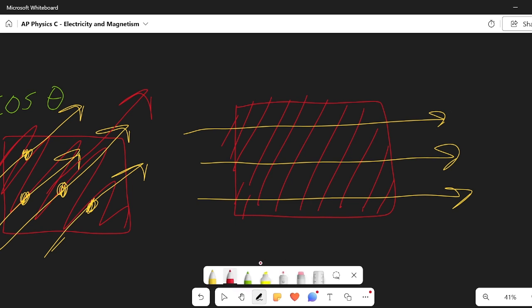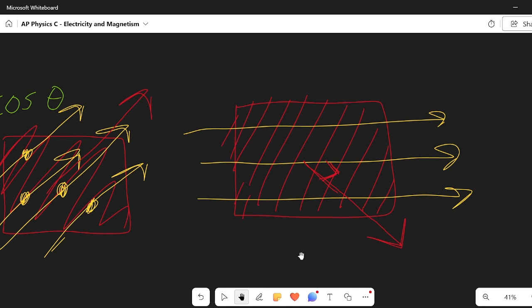This makes sense, because the area vector this time is coming right out of the screen, and it is at a right angle with the electric field lines, or the bullets. So cosine of 90 is just 0, and in this case, there is 0 electric flux.